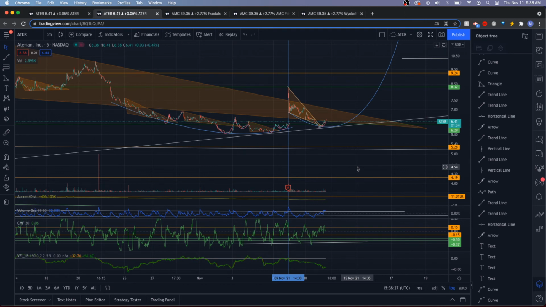But same with Ater. You get excited when you see it run overnight, but I knew, and I told the Discord, that you have to maintain volume to maintain a run. So if you get like 5 million volume to push this up, but then in the morning there's no volume, no buying pressure, then it's going to go down. And especially with gaps, because the algorithms are going to try to get it, right?